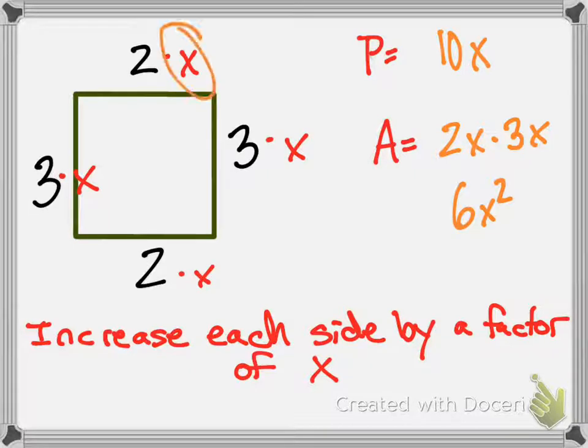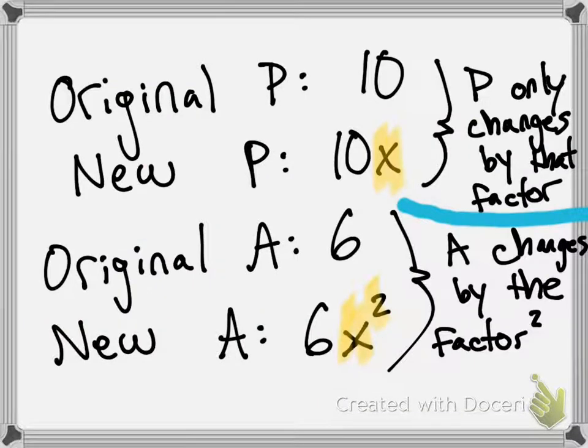So notice that we've increased each side by a factor of x, which increased our perimeter simply by that x, but it increased our area by that factor squared. If the original perimeter was 10, our new perimeter is 10x. Our original area is 6. Our new area is 6x squared. So P only changes by that factor, but A changes by that factor squared.